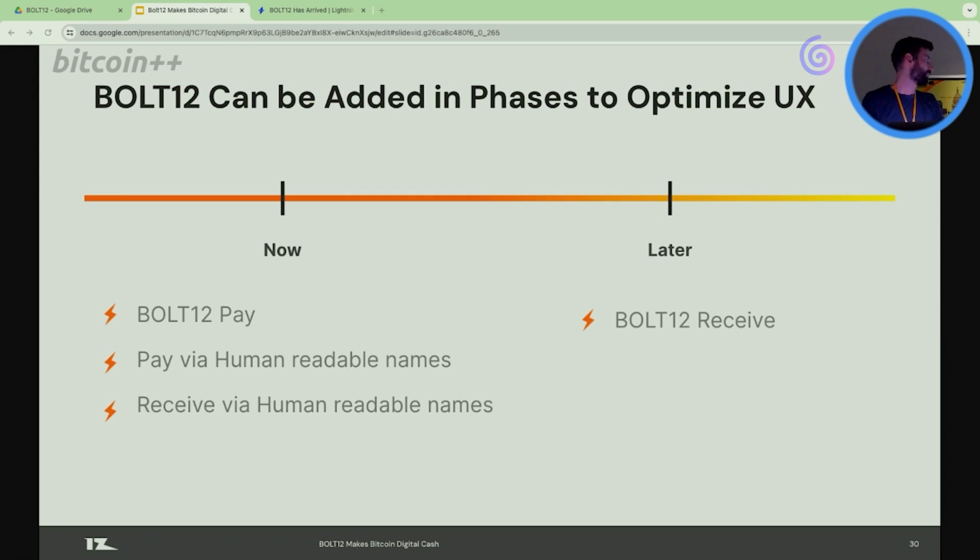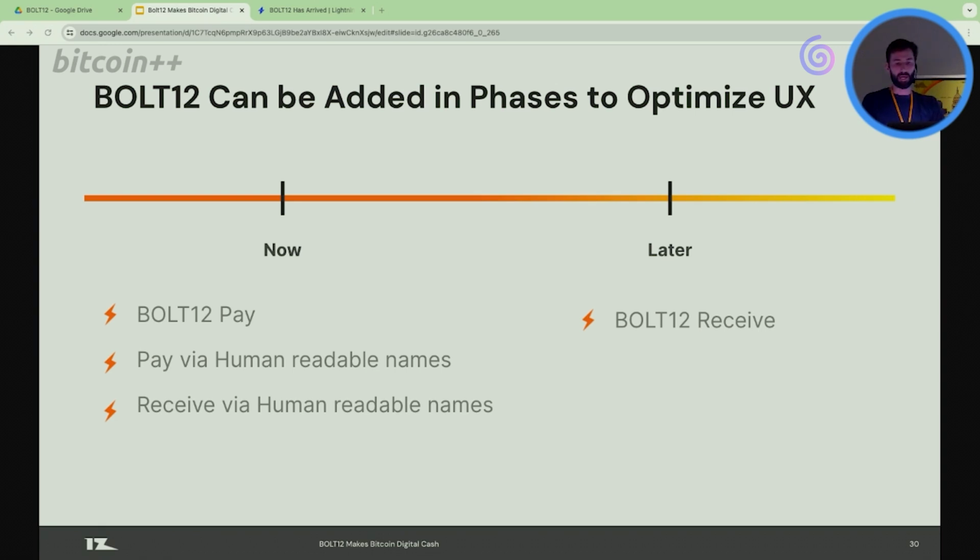And then finally, of course, receiving as well. And then receiving from a human readable name, because you could then support other mechanisms of receiving, like LNURL, and have this upgrade path to BOLT12 in the future. And later you could always implement BOLT12 receive. But hopefully, with implementations rolling out BOLT12 now, this is going to become something consistent on the network.